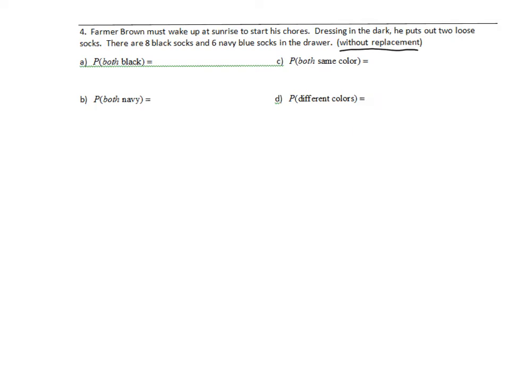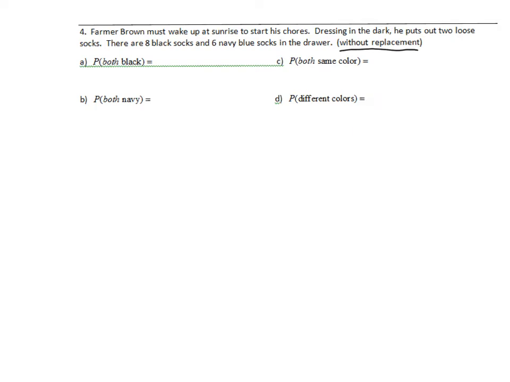Because 8 black and 6 navy blue, you would think that the probability would be rather high. And how high would it be? Well, think about that. Pause the video and try this problem without a tree diagram. If you must make a tree diagram, feel free to do so, but you really don't have to. Okay, try it by yourselves.